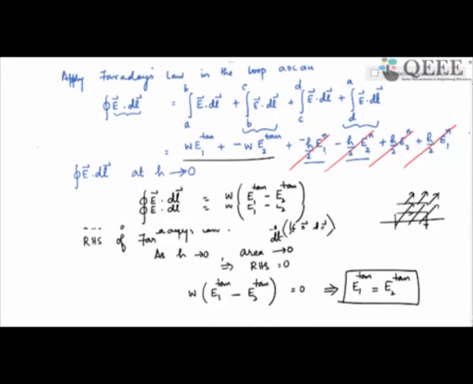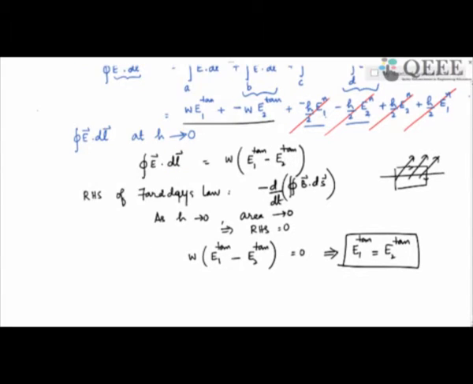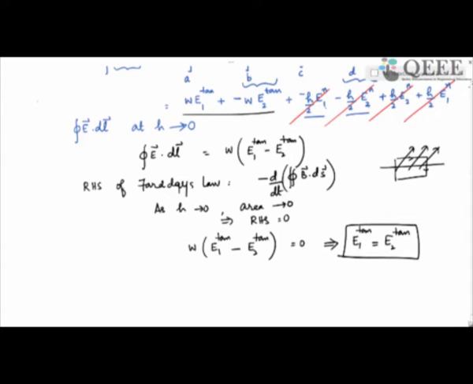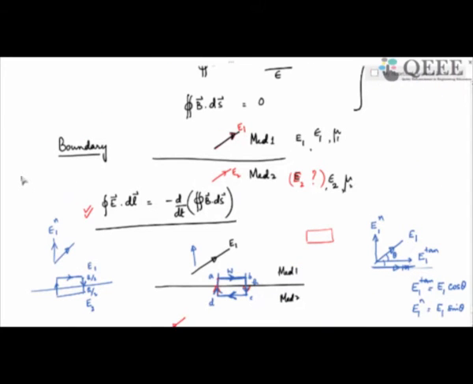W is not 0 in general. If the loop had 0 length, it simply means that there is no loop. So, this gives us the first boundary condition, that the tangential components of the electric field on either side of the boundary are equal. This is the first boundary condition.